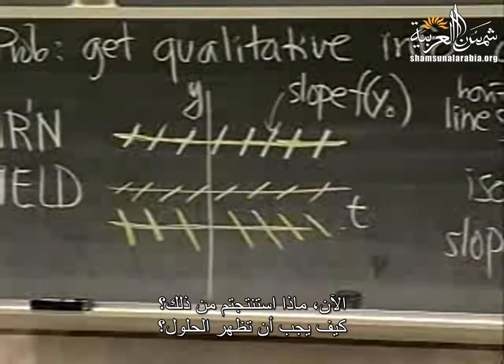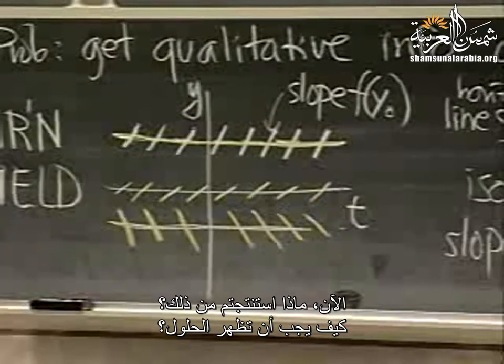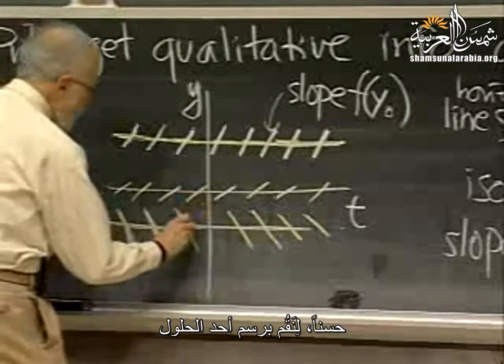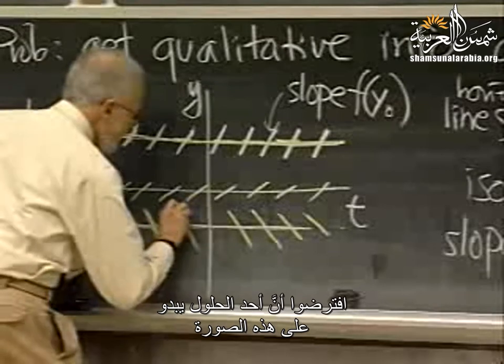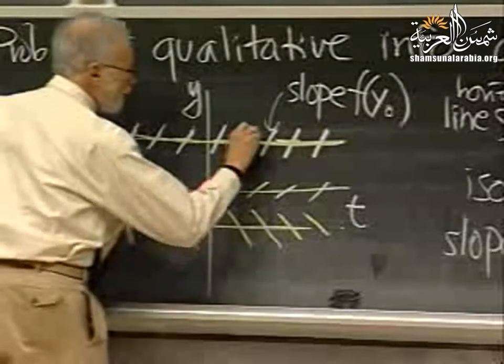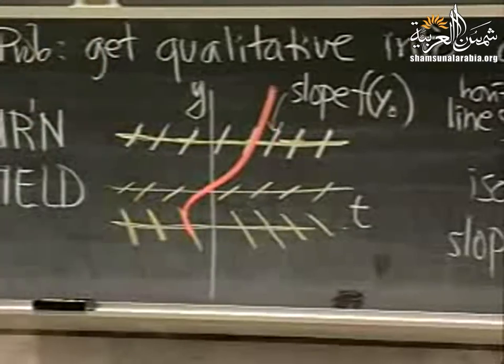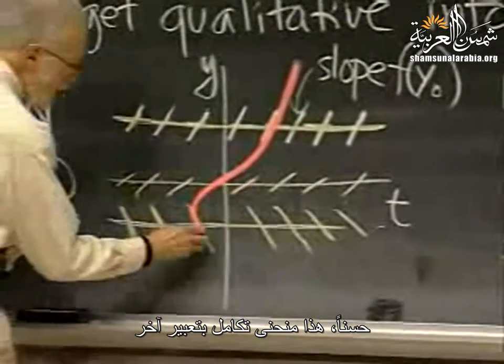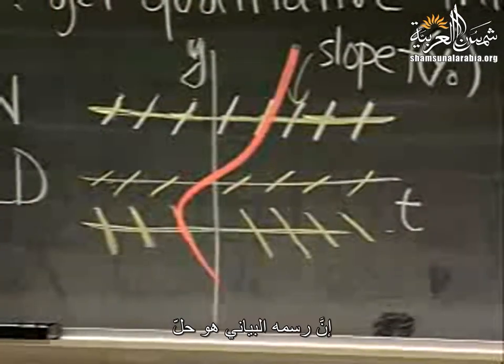Now, what do you deduce about how the solutions must look? Well, let's draw one solution. Suppose one solution looks like this. Well, that's an integral curve, in other words. It's a solution. Its graph is a solution.